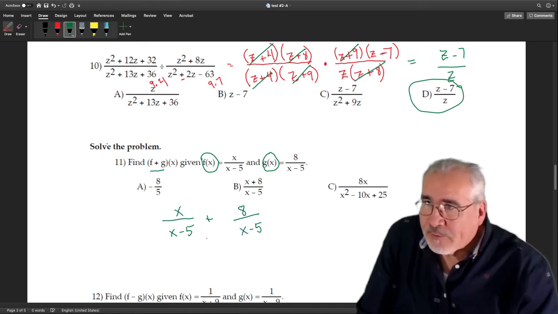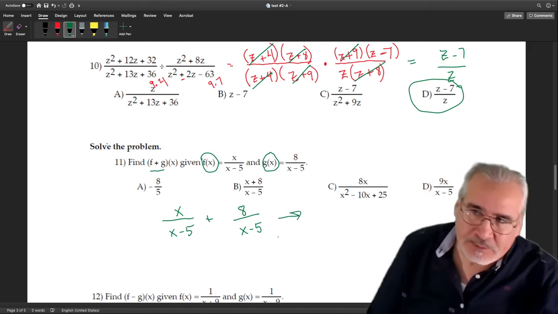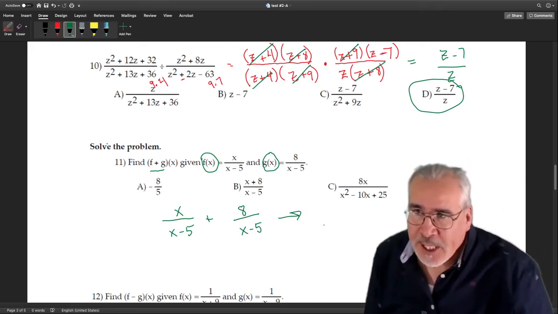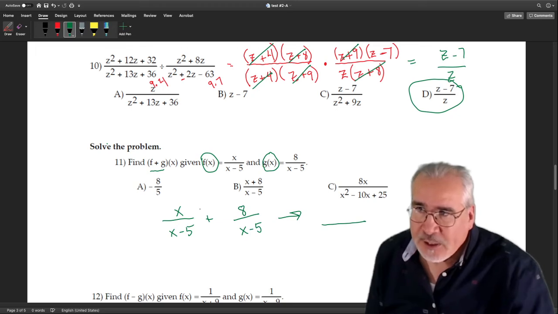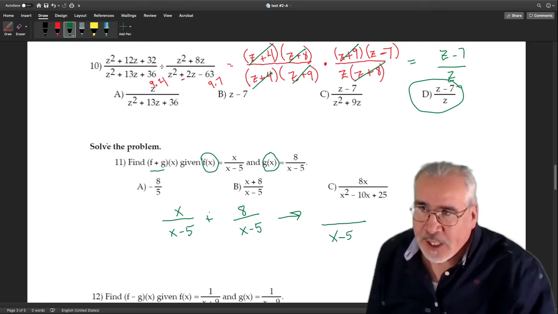Now when we add fractions, I'm not going to put an equals because it's not an equation, but the next step would be, we've got the common denominator, so you just take the numerators and add them. So that's going to be x minus 5 in the denominator, and the numerator gives you x plus 8.